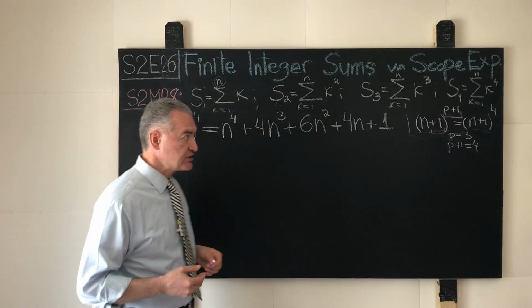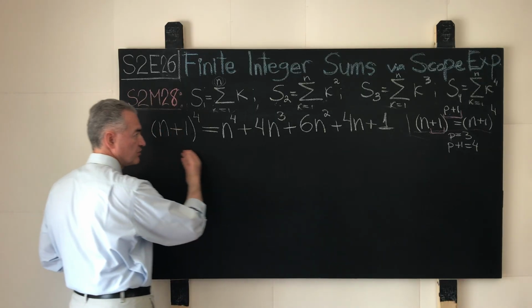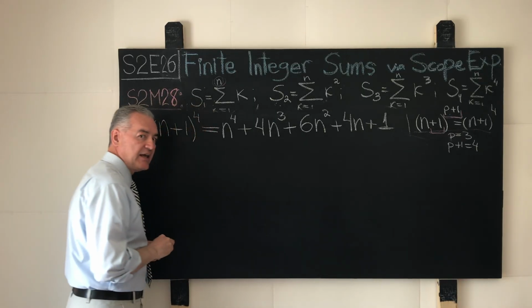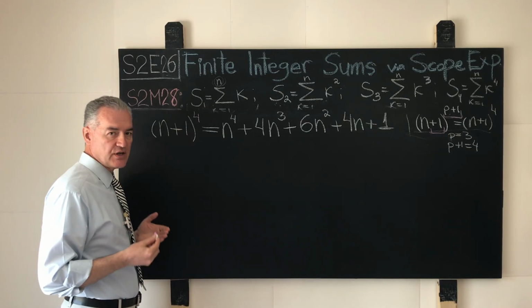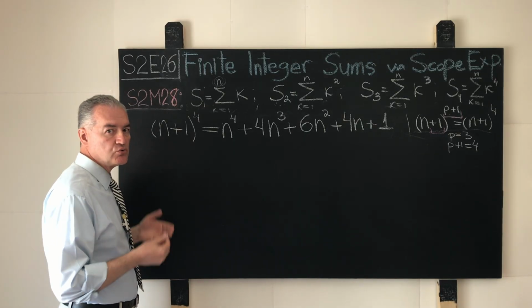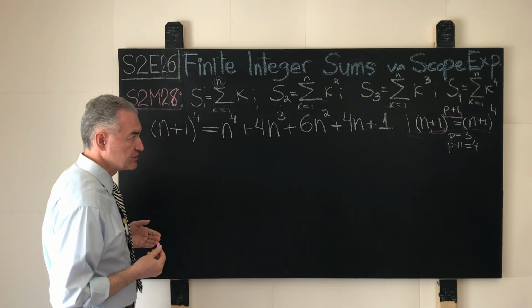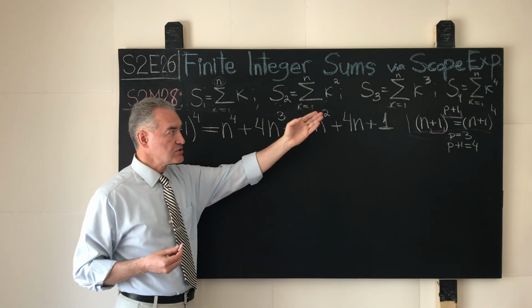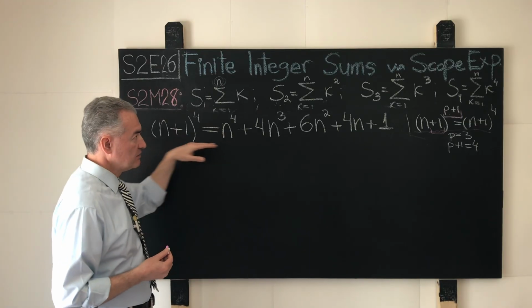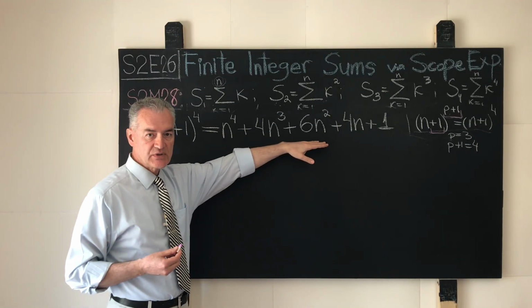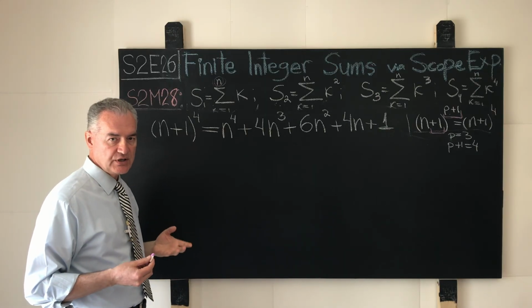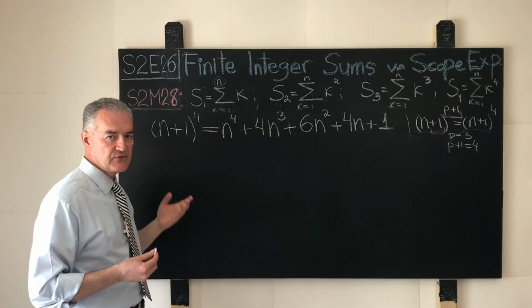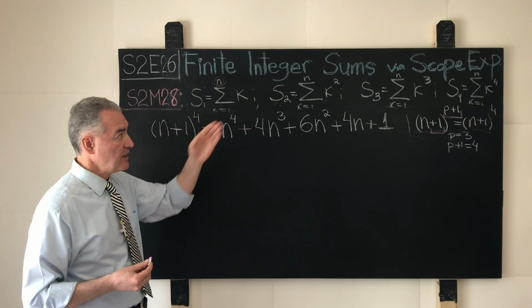We don't have to do it precisely because the expansion that we obtained over here contains the entire blueprint, all the information that we need in order to solve the problem at hand. In other words, the binomial expansion shown over here contains all the information that we need in order to evaluate the finite integer power sum S3.